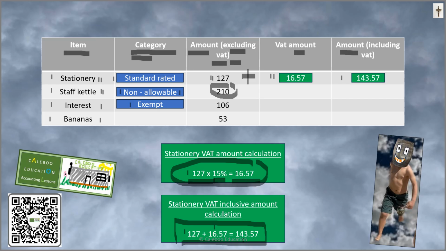Right, interest is exempt. Bananas, zero rated. So now you've classified all these items into their correct categories. You've calculated the VAT on stationery and the VAT inclusive amount.